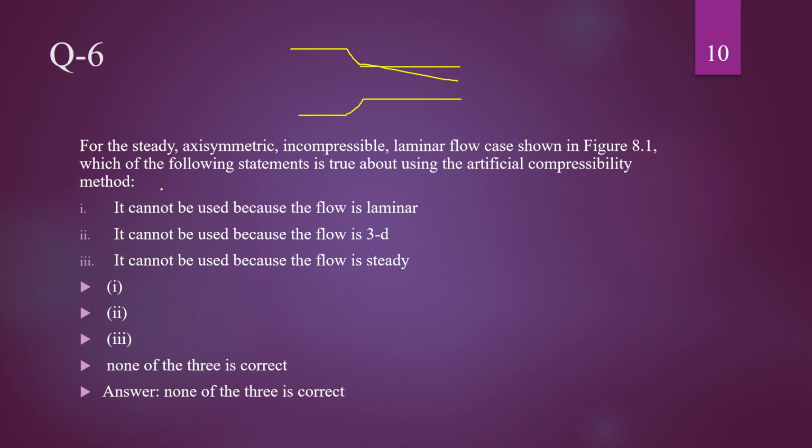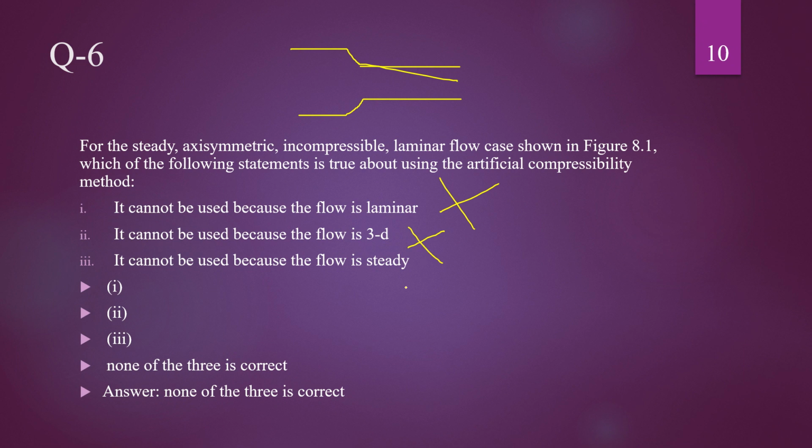So, which of the following statements is true about the artificial compressibility method? The first one is it cannot be used because the flow is laminar. This one is a false statement. It can be used when the flow is laminar. And second, it cannot be used because the flow is 3D. This is also false.